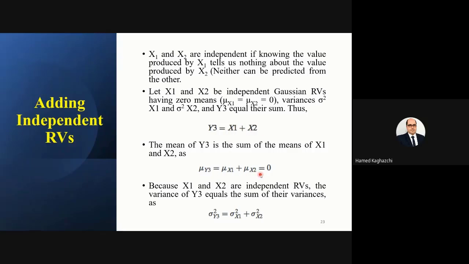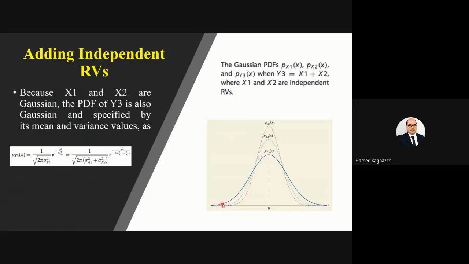It means that I have to add the mean values together, and because the mean values are 0, the mean value of y3 is also 0. And the variance of x1 will be added to the variance of x2 to calculate the variance of y3. As you see here, I will have a change in the amplitude of y3 according to the amplitude and value of x1 and x2, and my probability density function changes like that.